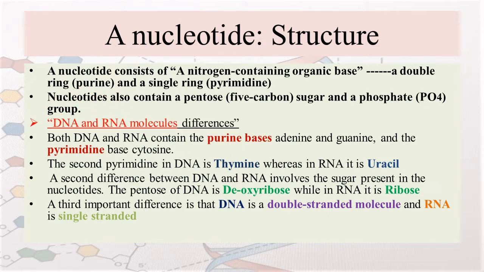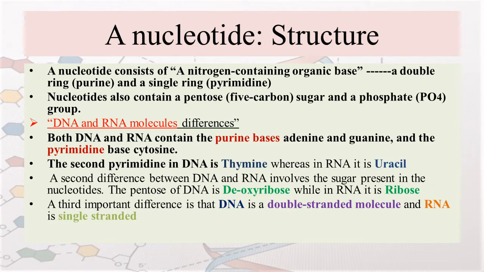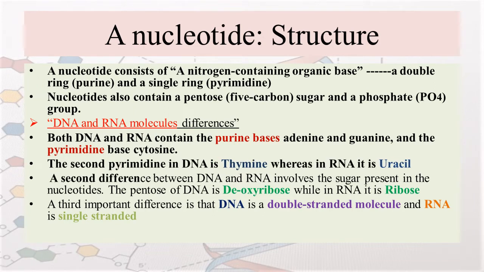Both DNA and RNA actually have some differences. Both of these have purine bases, adenine and guanine, and the pyrimidine base cytosine. The second pyrimidine in DNA is thymine, whereas in RNA it is uracil. This is the first important difference between DNA and RNA.